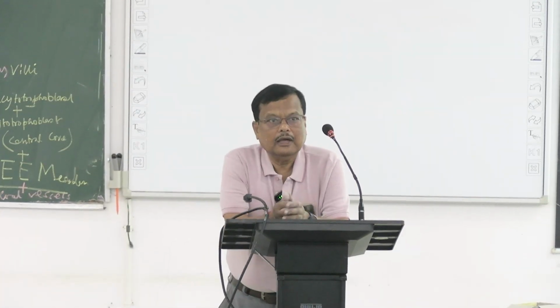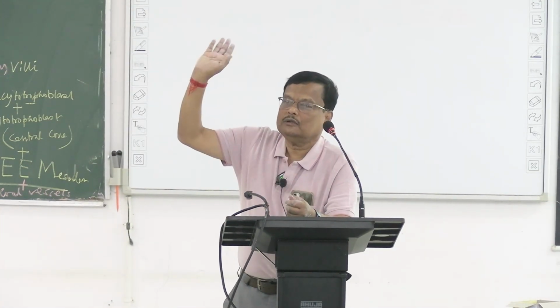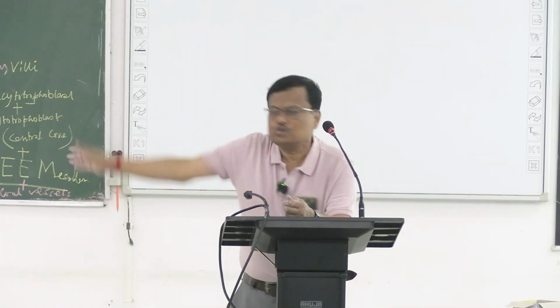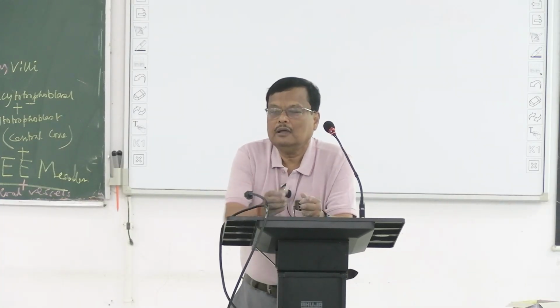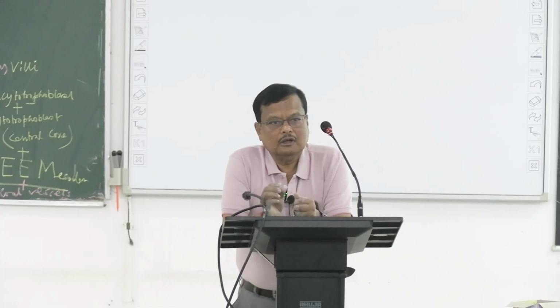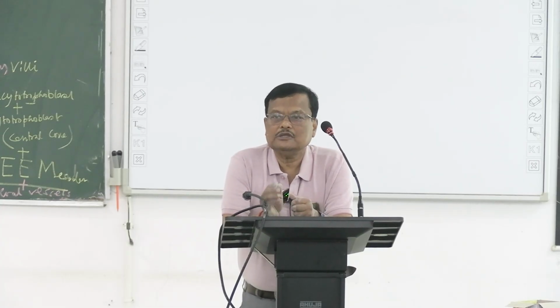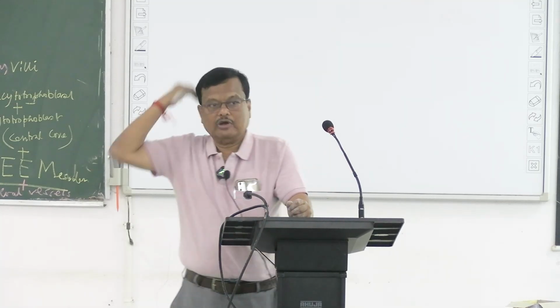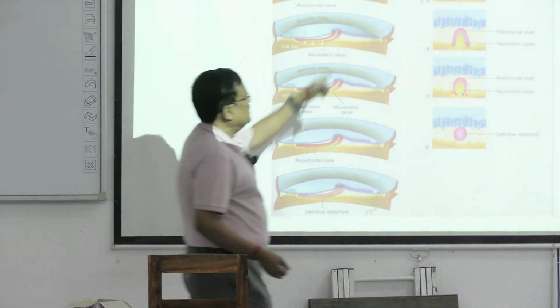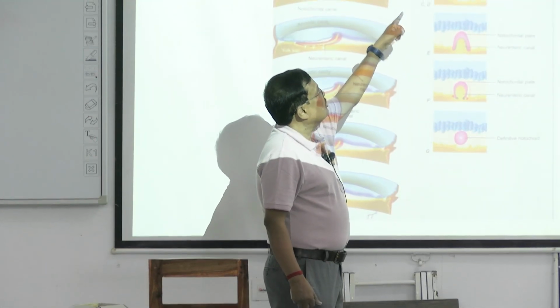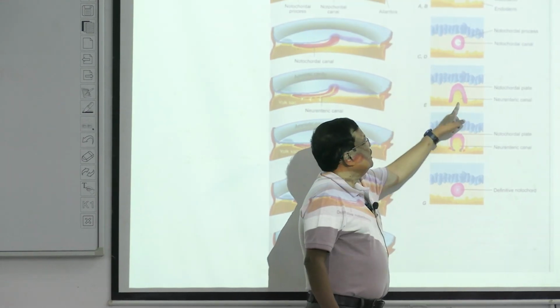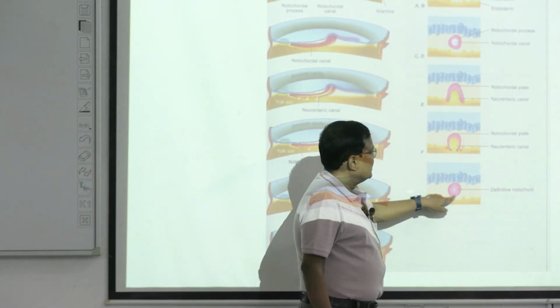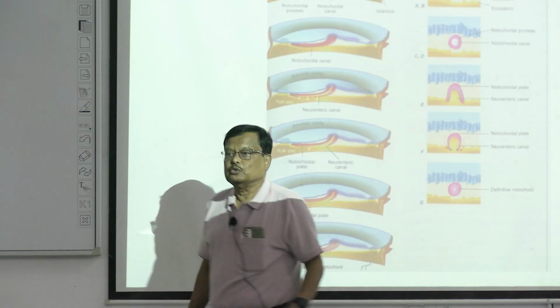But ultimately at birth, all the notochord will disappear. থাকে না কিছুই। Only in between the vertebra, nucleus pulposus, একটা substance থাকে intervertebral disc, it will remain. It will learn later on. But it is very important to produce the central axis and vertebral body formation. So this is the notochordal process. এইখানটায় দেখো, initially it is a solid cord, then neuroenteric canal, floor disappears, again it becomes solid and it forms the definitive notochord.